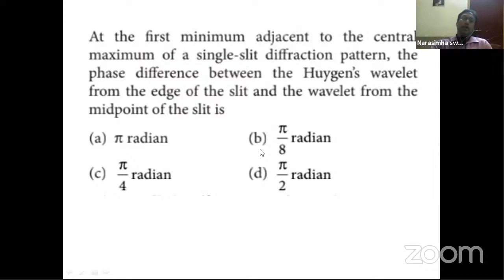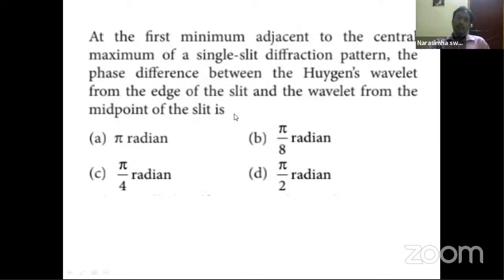Drawing all the tangents, this is what we studied as Huygens' wavelet form. The slit has two edges, and exactly at the center of the slit, one more wavelet is created, the wavelet from the midpoint of the slit.